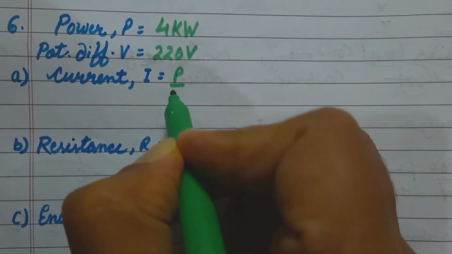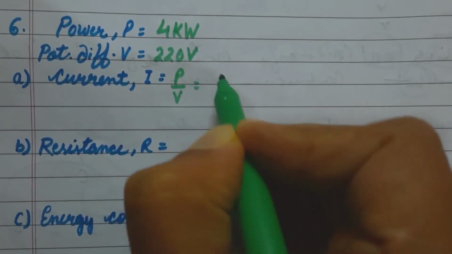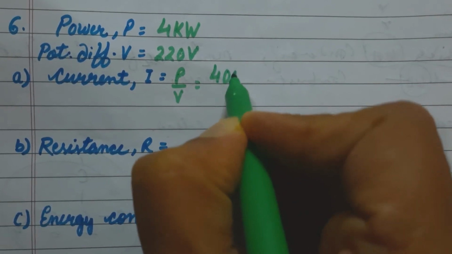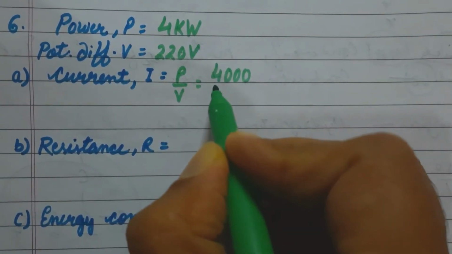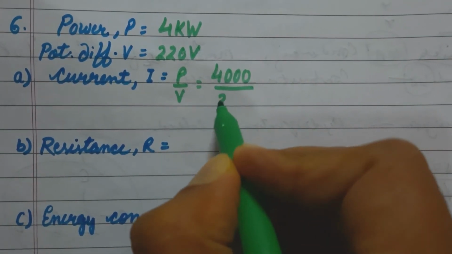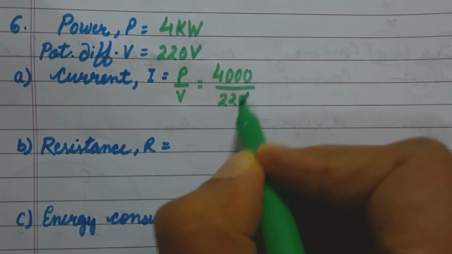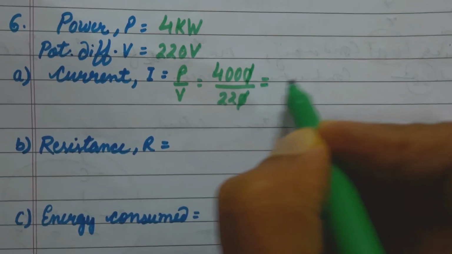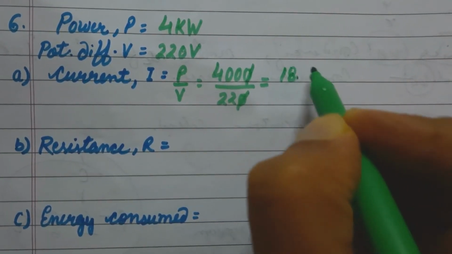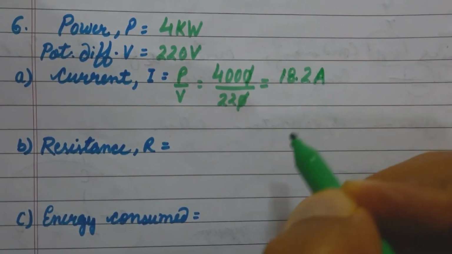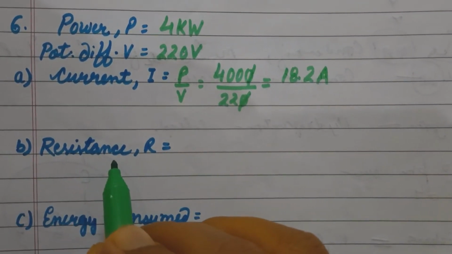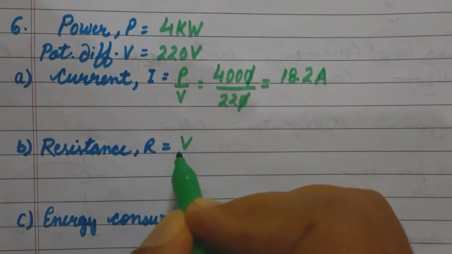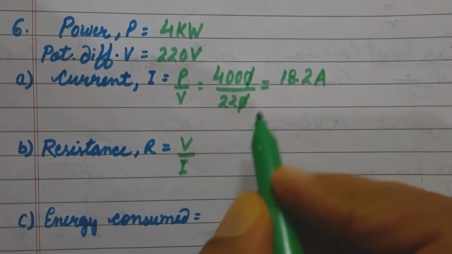I equals P upon V. 4 kilowatt means 4000 watt upon 220. When we solve this, it will be 18.2 ampere. Second part, resistance. R equals V upon I.